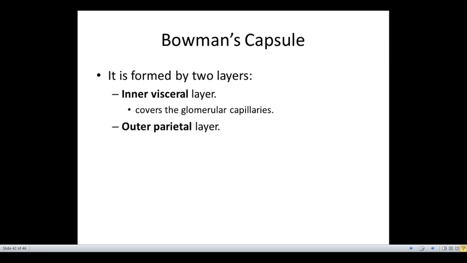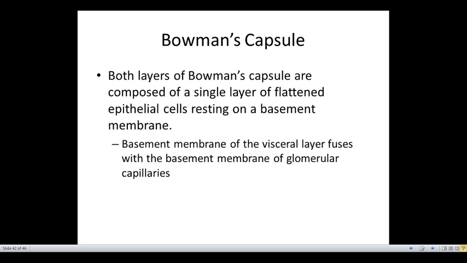It is formed by two layers: the inner visceral layer, which covers the glomerular capillaries, and number two, the outer parietal layer. Now pay attention to the next few slides.